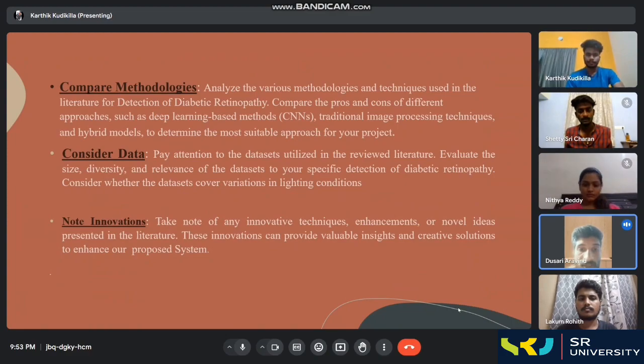Evaluate the size, diversity, and relevance of the datasets, and consider whether they cover variations in lighting conditions. Note innovations: take note of any innovative techniques, enhancements, or novel ideas presented in the literature. These innovations can provide valuable insights and creative solutions to enhance our proposed system.